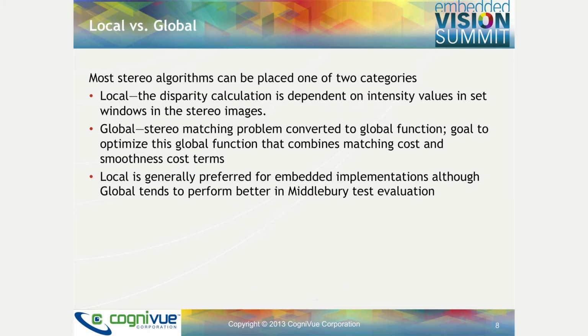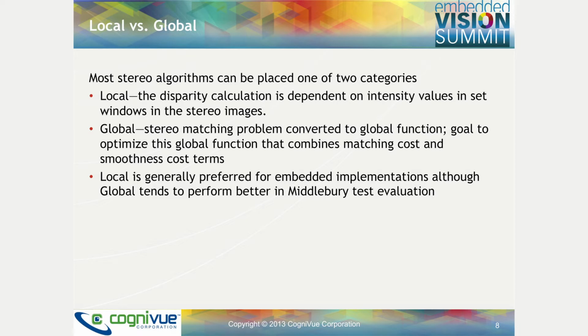So let's look at the kinds of algorithms that are used. If you pick up any academic paper about disparity mapping, and it's a very active area of academic research, I'm sure you're aware, then the first paragraph, you're probably going to see something that talks about local versus global approaches. Global is slightly higher quality, gives you a better quality 3D depth map.